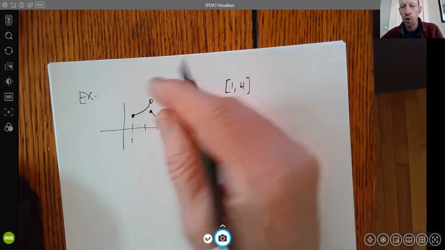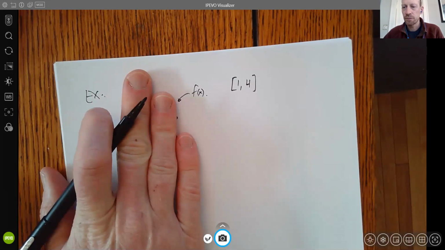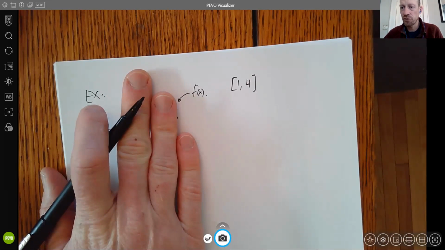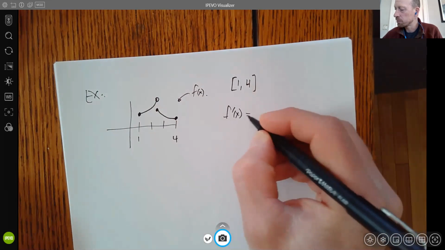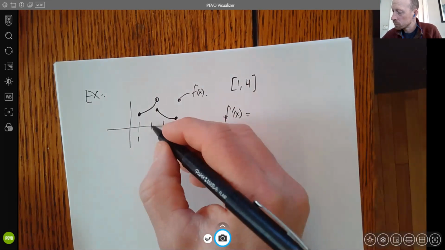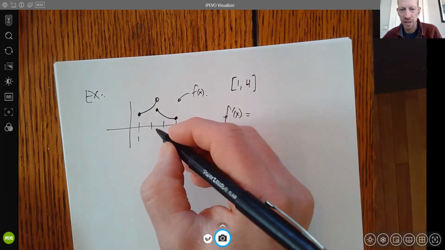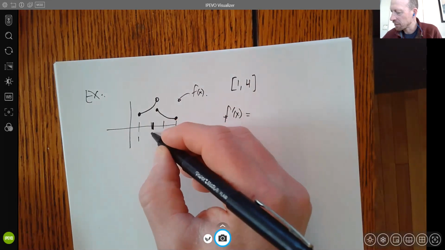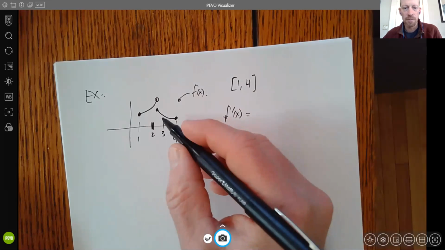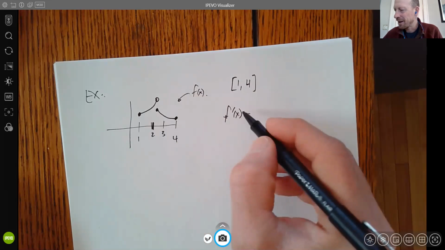If we didn't know what the function looked like, and we just tried to use the closed interval method here, we would take the derivative of the function. This isn't lined up very well. Let's just say that's a 2, even though it's not.